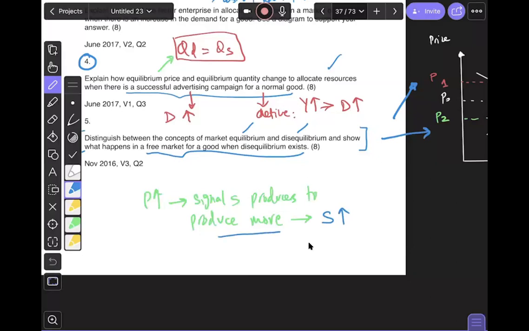That means when a producer looks at price, it signals him to produce more of the good, which means he's allocating more resources, or rationing more resources, to that use. So rationing basically means to allocate more resources.